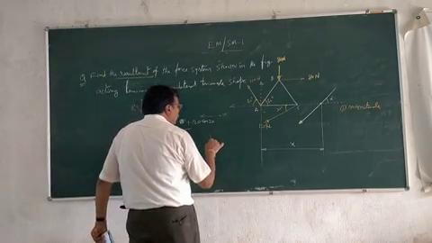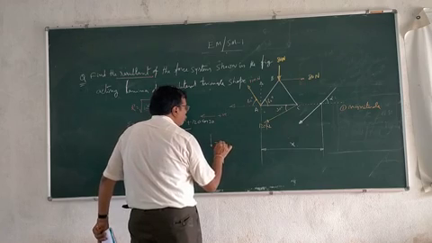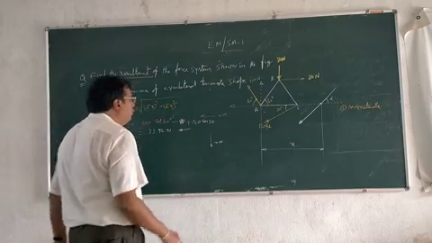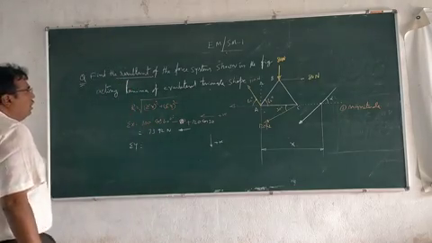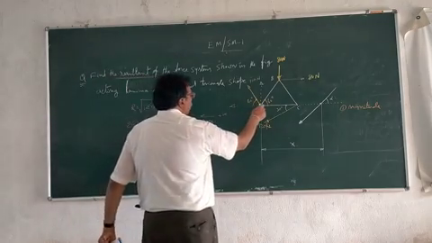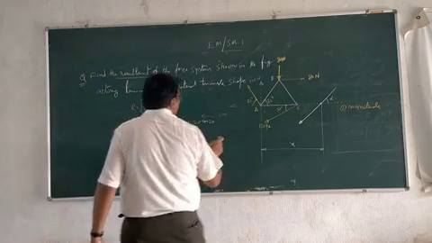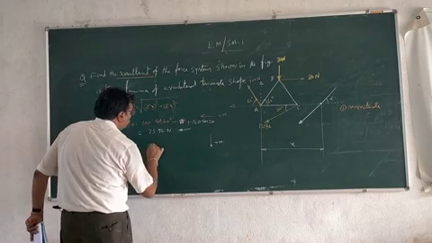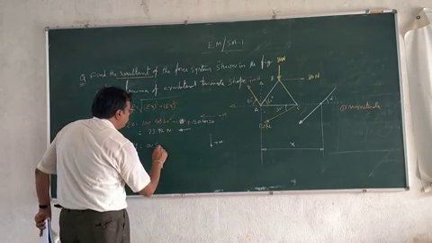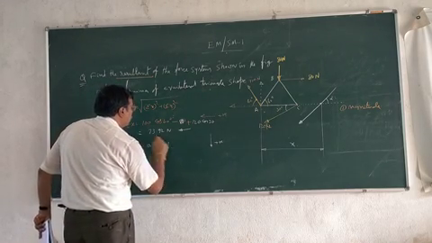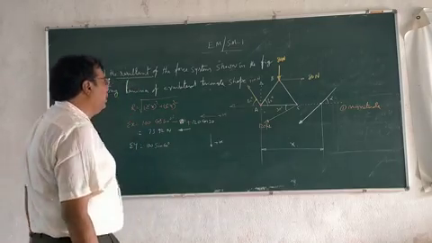I am taking top to bottom as positive. Here it is 100 sin 60 degrees.